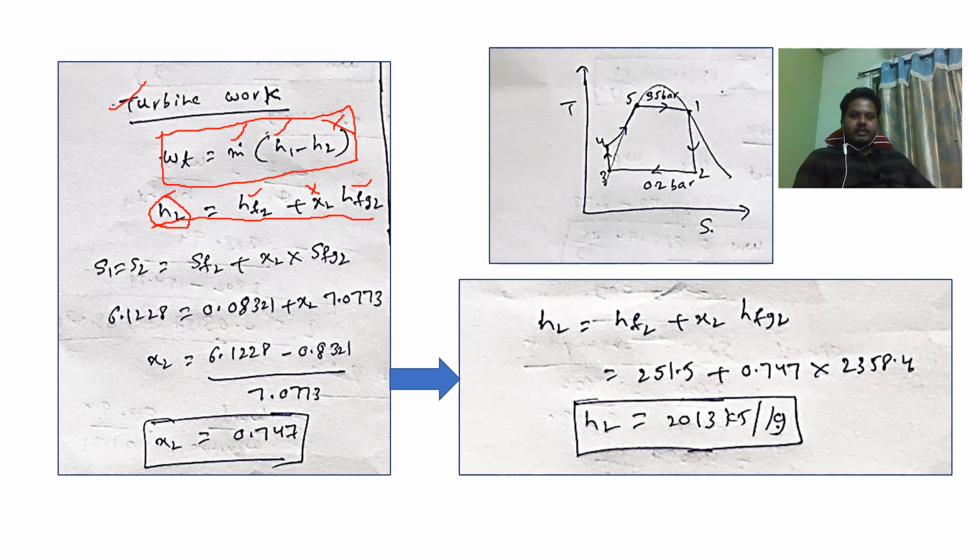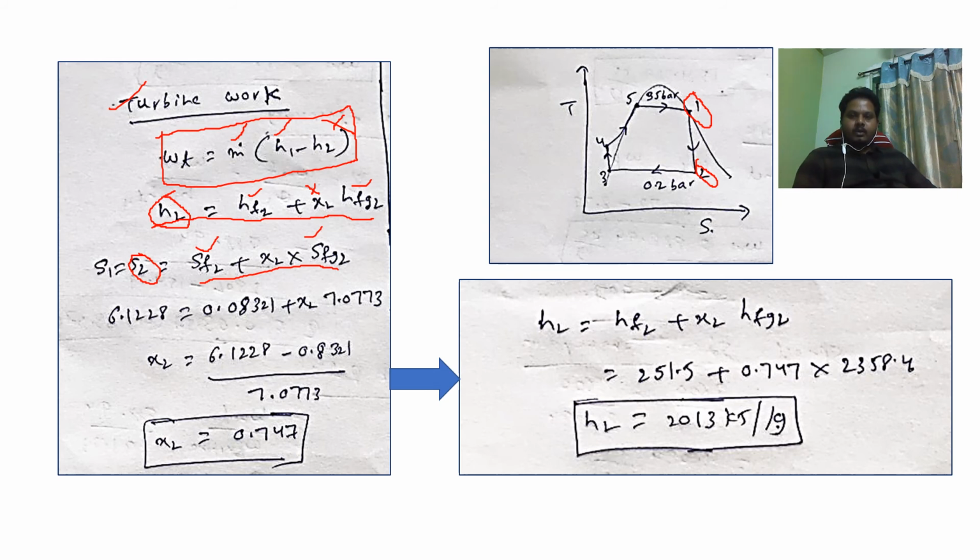So the same equation we can write in terms of entropy: s2 equals sf2 plus x2 into sfg2. Here we know the values of sf2 and sfg2, which we have taken from the steam table, and this s2 we can write as s1, because if you look at the TS diagram, process 1 to 2 is the isentropic expansion process through the turbine.